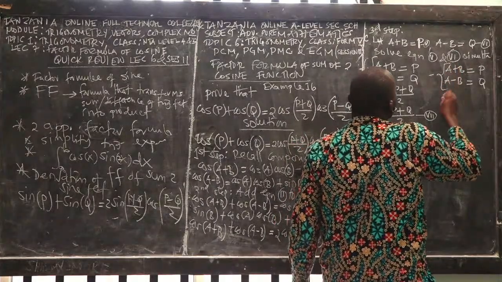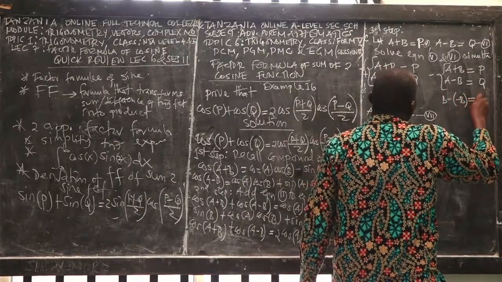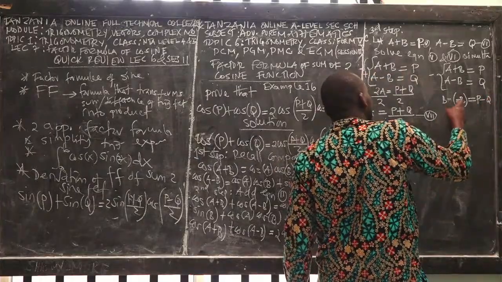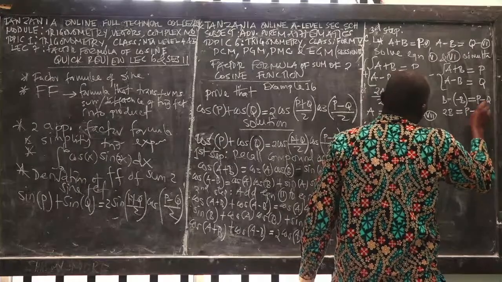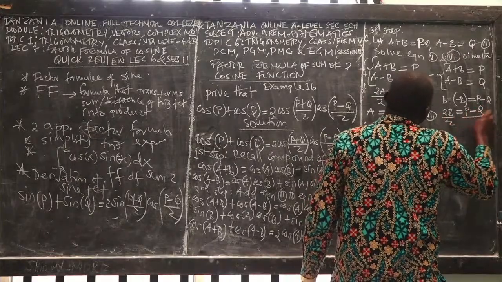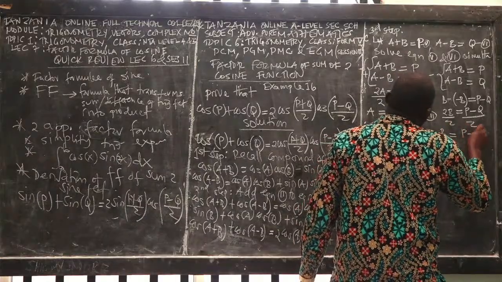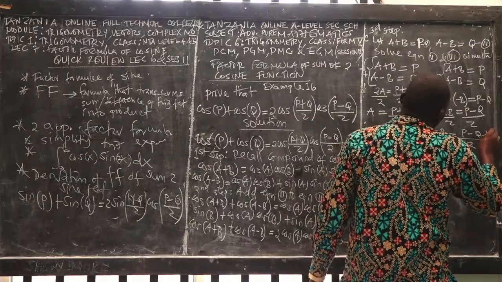B minus negative B is equal to P minus Q. So negative positive. So we have 2B is equal to P minus Q. Divide by 2, divide by 2. So the value of B is equal to P minus Q divided by 2. This will make equation 8.